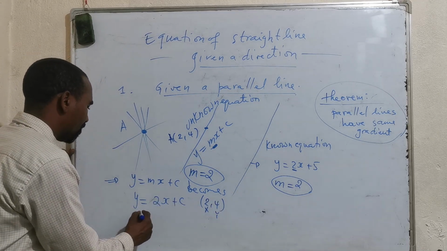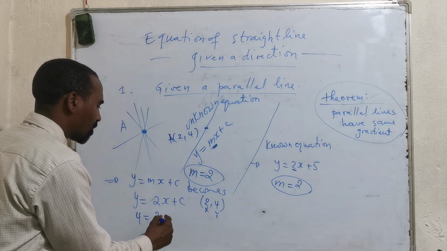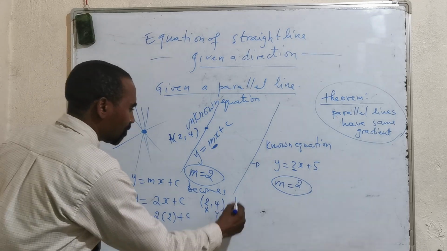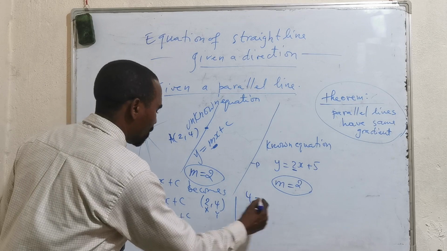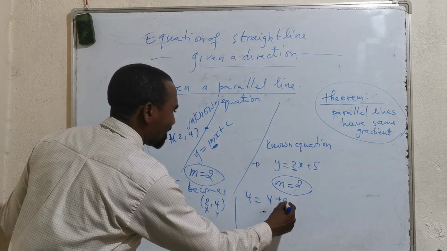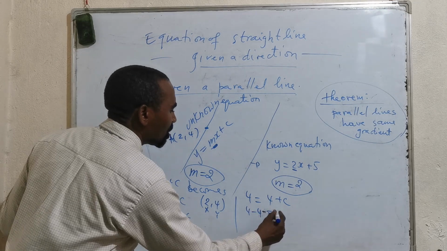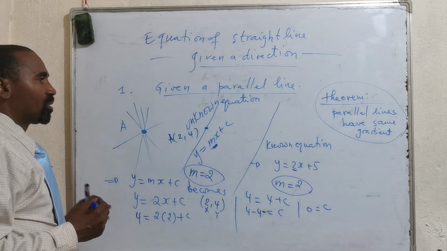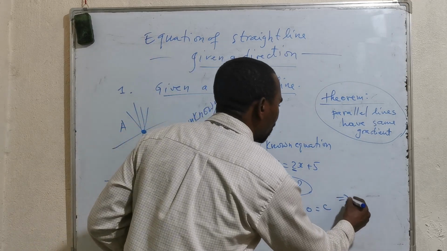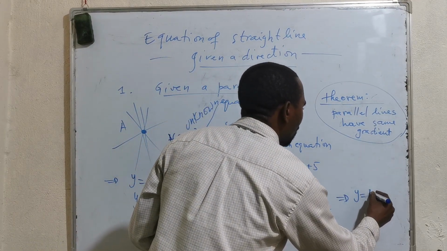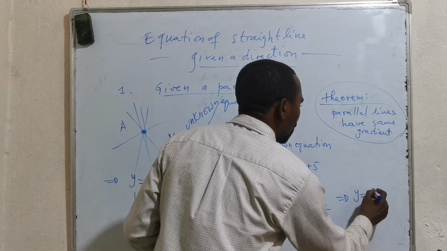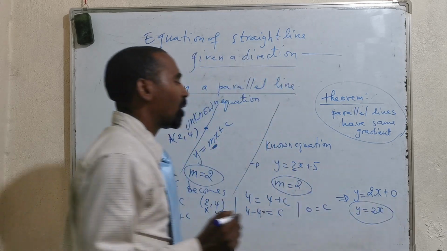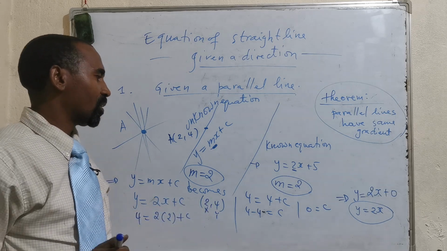I replace y by 4 and x by 2, so 4 = 2 times 2 plus c. That is 4 = 4 + c, so 4 minus 4 equals c, and c is 0. The full equation becomes y = 2x + 0, which is y = 2x.